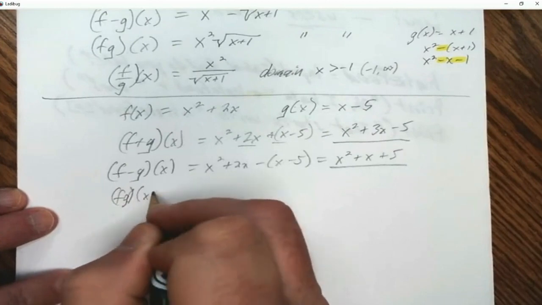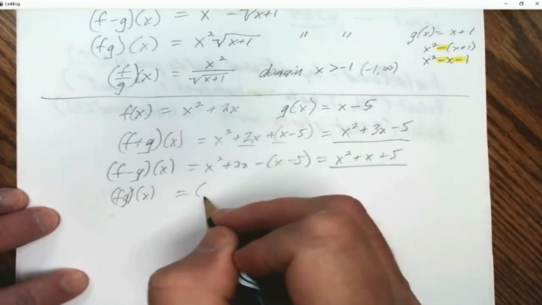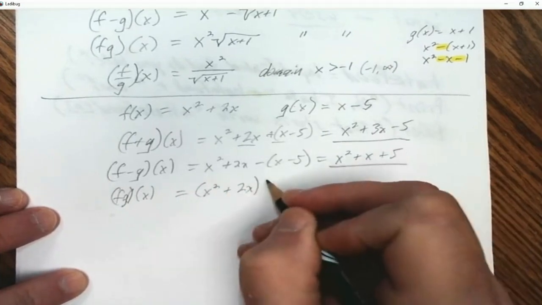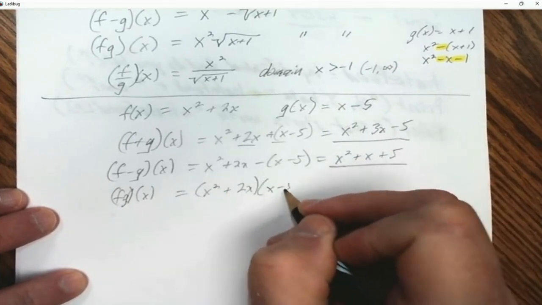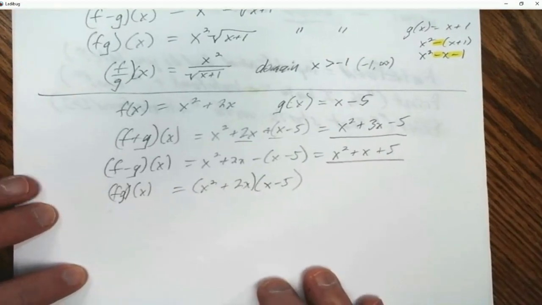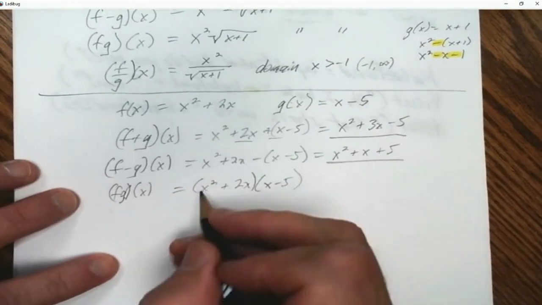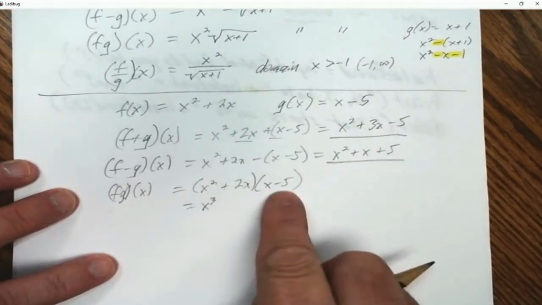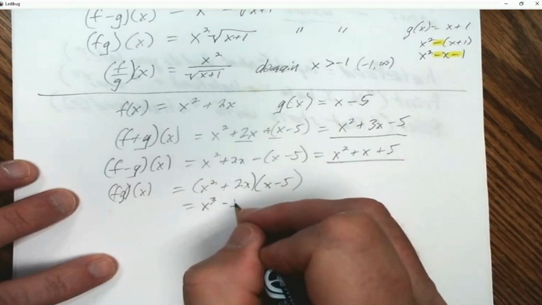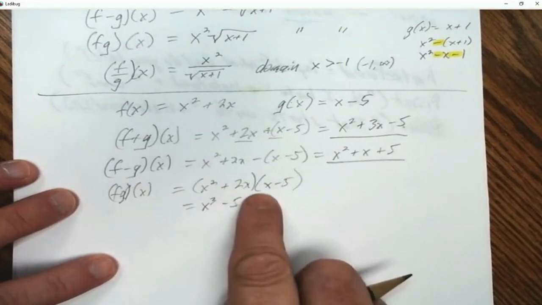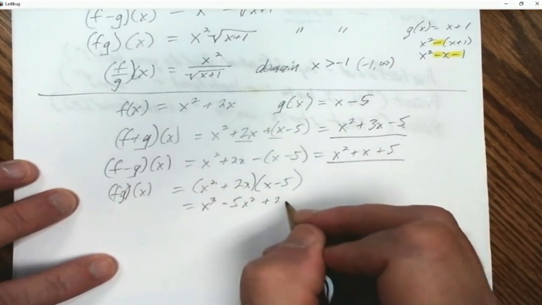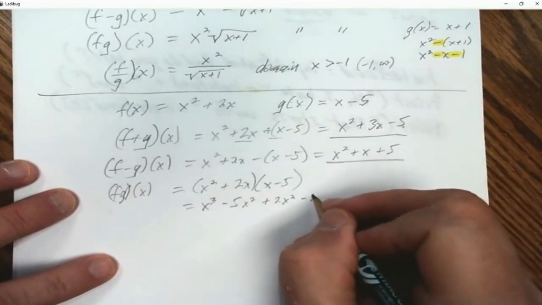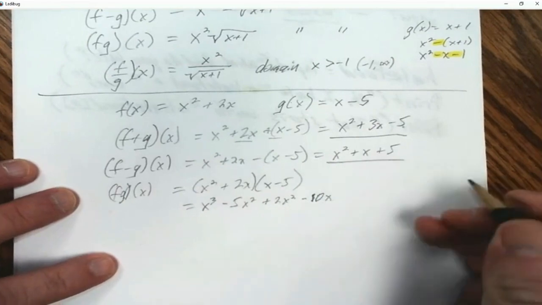f times g of x, where we multiply them together, that would be x squared plus 2x times x minus 5. We got to distribute. x squared times x is x to the third. x squared times minus 5 is minus 5x squared. 2x times x, 2x squared, and 2x times minus 5 is minus 10x.